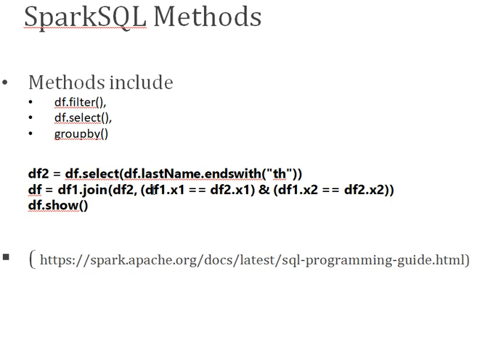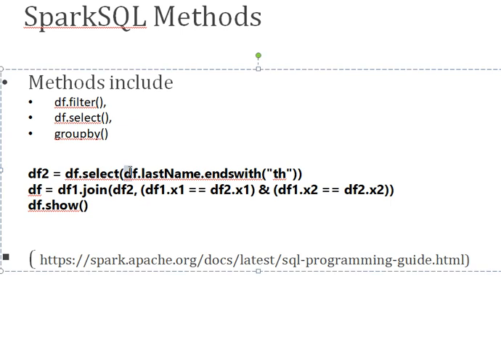For example, I select in my data frame, this is the last name, the attribute name, and this is the function which extracts the word with the last two words.